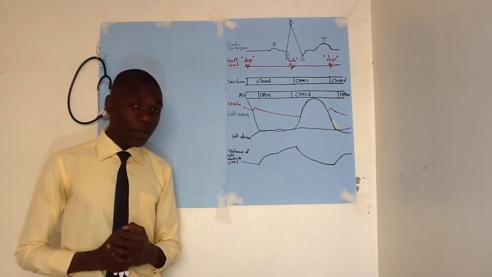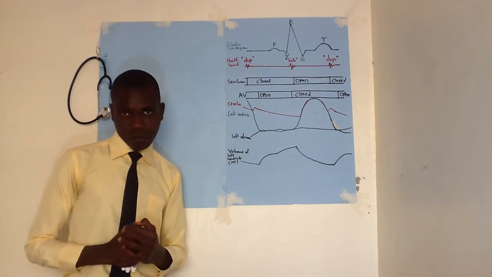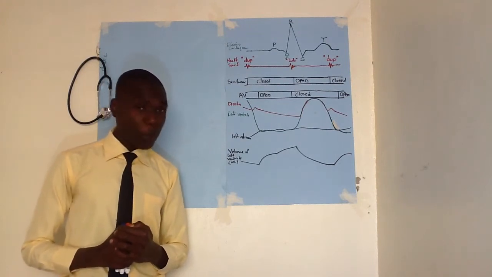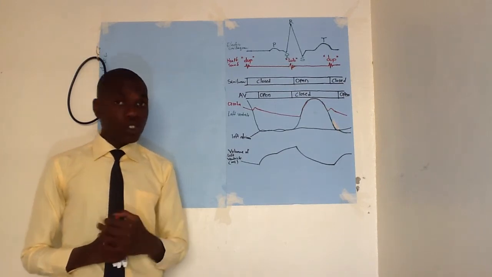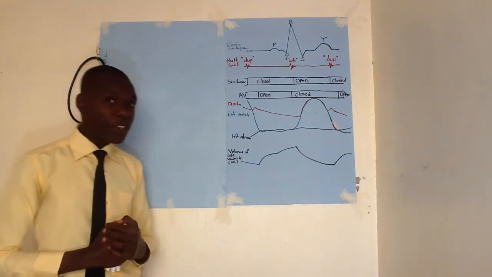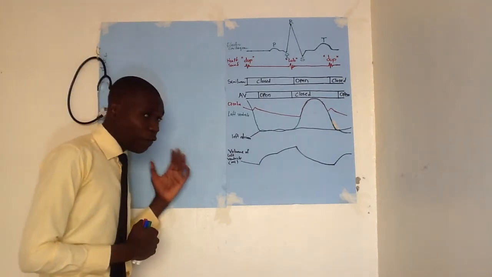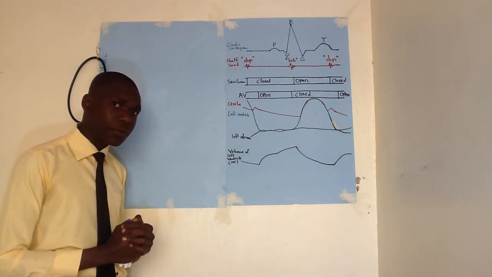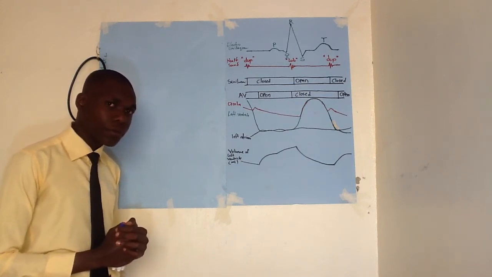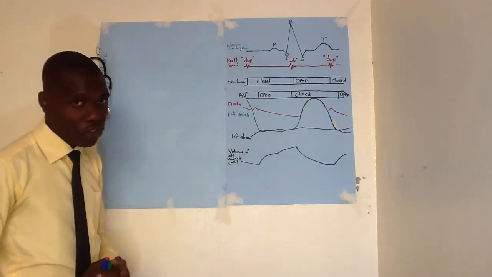There is also a sympathetic nerve connecting to the atrial walls, that is the atrial myocardium, and we also have another sympathetic nerve connecting to the ventricular myocardium. That's all. We can now consider our electrocardiogram.